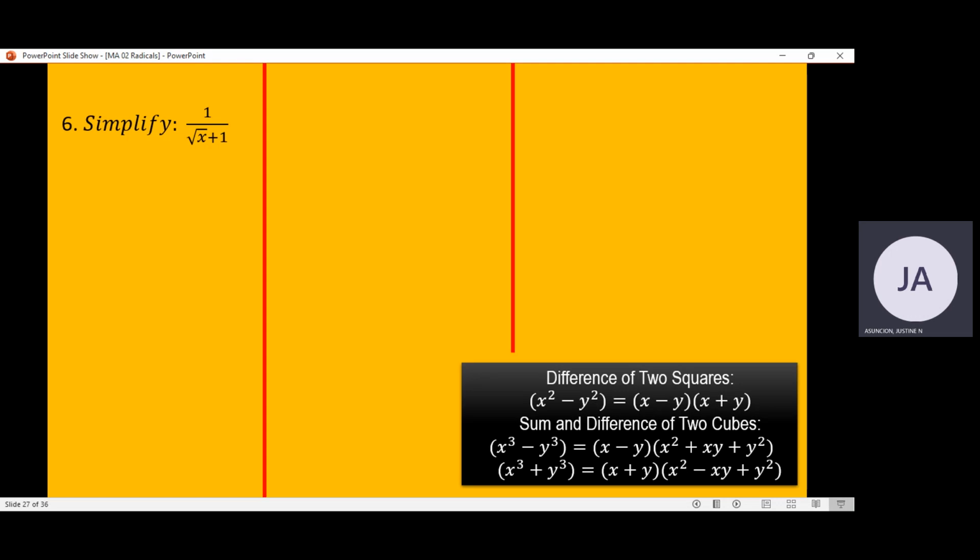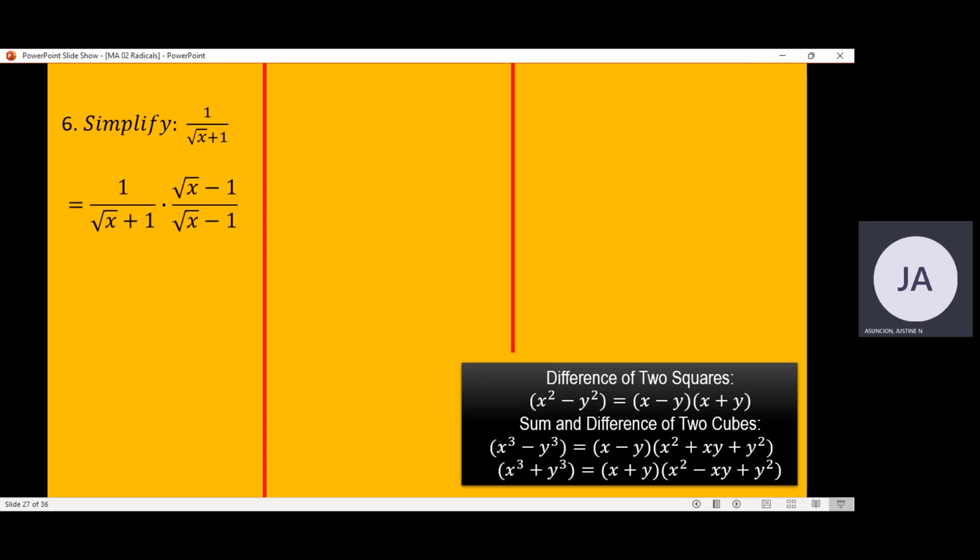We can eliminate the first term, square root of x times square root of x, but we have the middle term as square root of x plus square root of x. So we can't use that, we can't use square root of x plus 1. But applying the difference of two squares here, we can eliminate the middle term, right? And our first term, we can eliminate the radical.